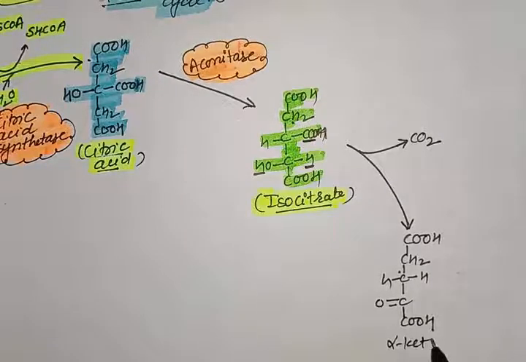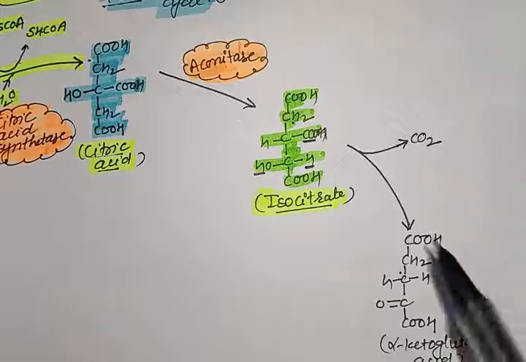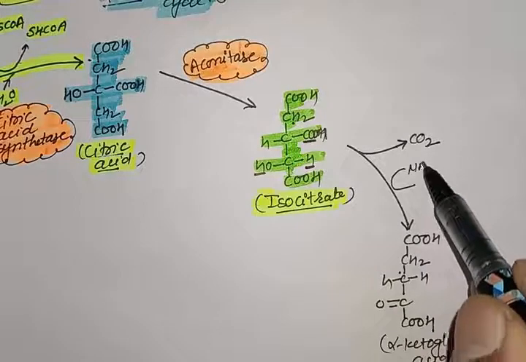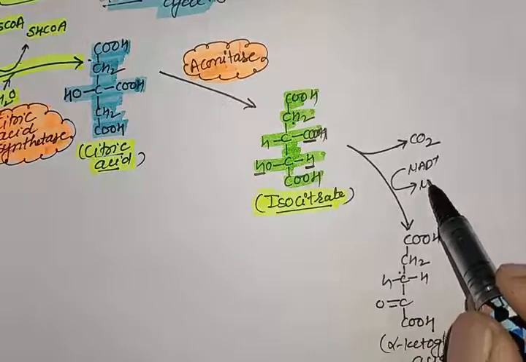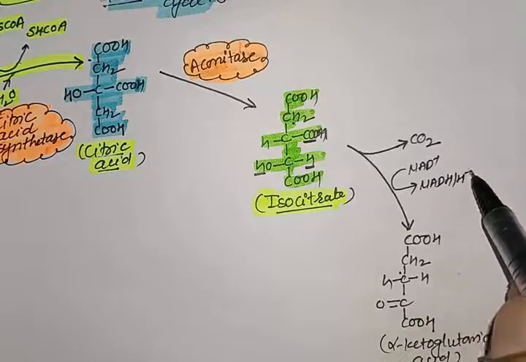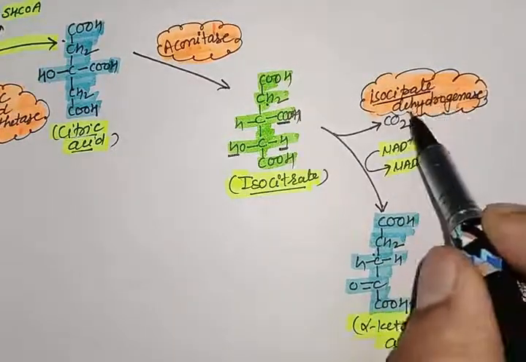This is our alpha ketoglutaric acid. And during this one NAD positive took these two hydrogens along with it to form NADH plus H positive. And this step is done with the help of enzyme isocitrate dehydrogenase.